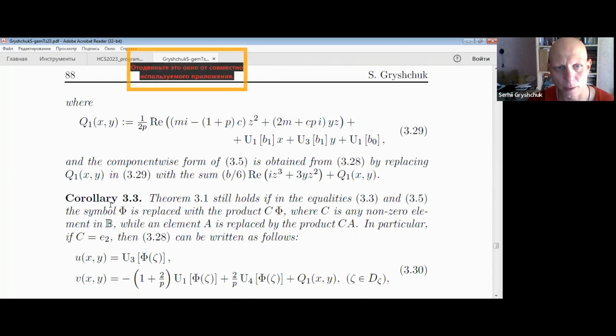Of course, instead of the monogenic function phi, we can replace it with the product C times phi, where C is any non-zero element of the algebra.